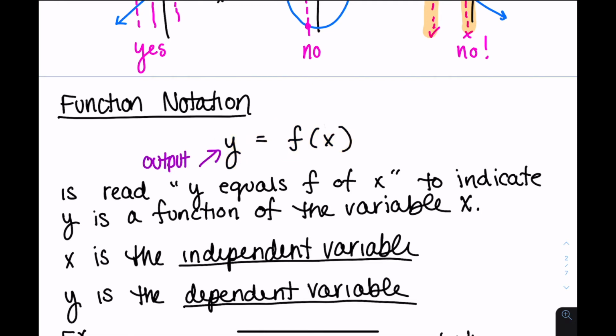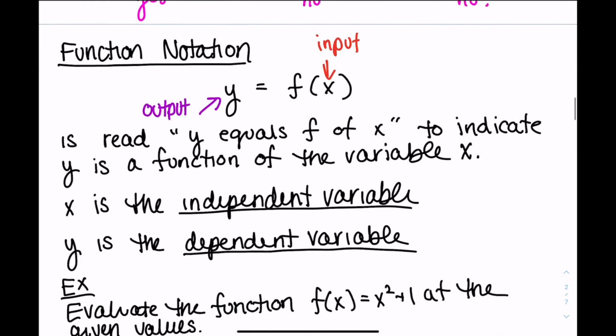So in this case, the output is our y, the input is our x. So y is a function of x. So you can read this as y equals f of x, but it indicates that x is the independent variable, so it's our input, and y is the dependent variable, which is our output.